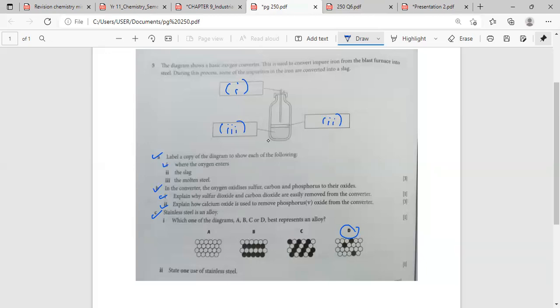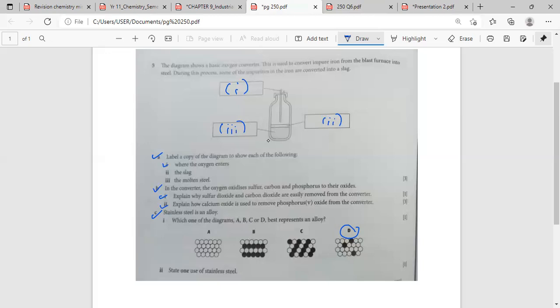When you look at B and C, there are two different types of atoms, but there's an orderly arrangement, a regular arrangement. In an alloy, there is no regular arrangement, because it's a mixture of different atoms. So when you look at D, you have more than one type of atom, and at the same time, there's no orderly arrangement. Now state one use of stainless steel.